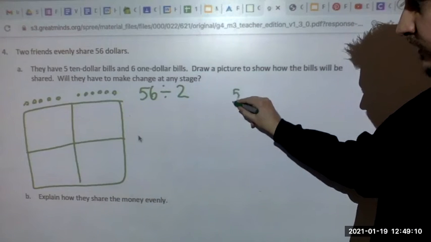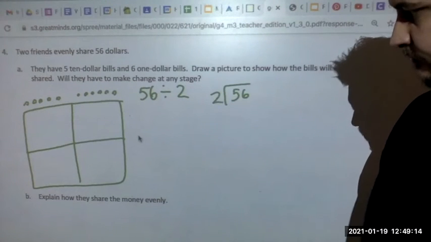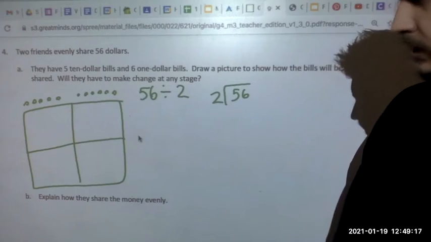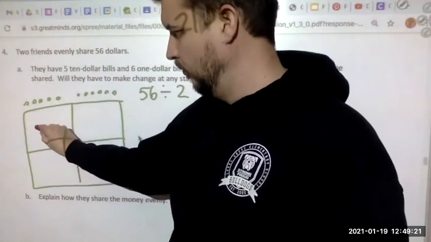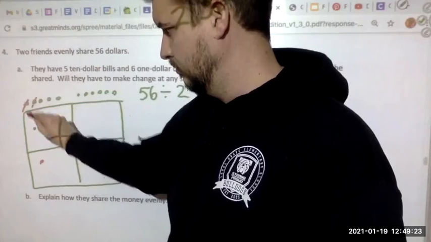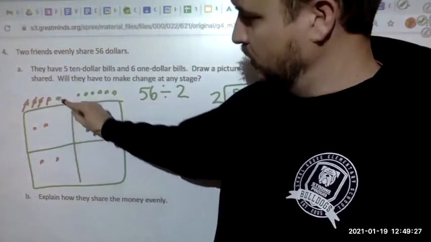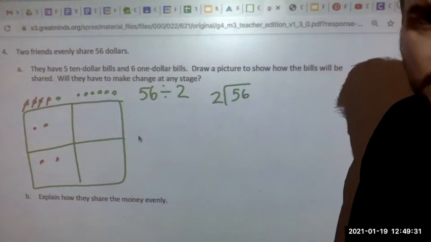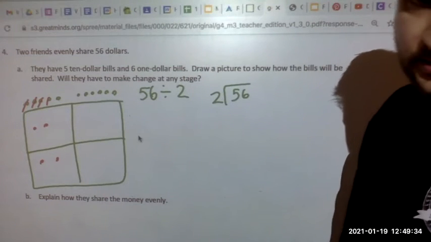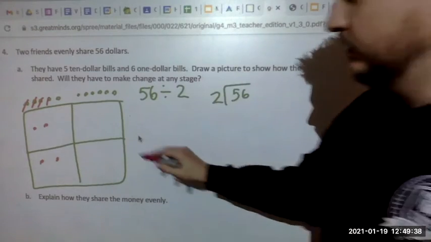Set up our problem over here. 56 divided by 2. Okay. So I'm going to fair share. Different color. 1, 2, 3, 4. I have 110. So here's the first spot they have to make some change because these are $10 bills. We're going to have to make change for this $10 bill and make ones.